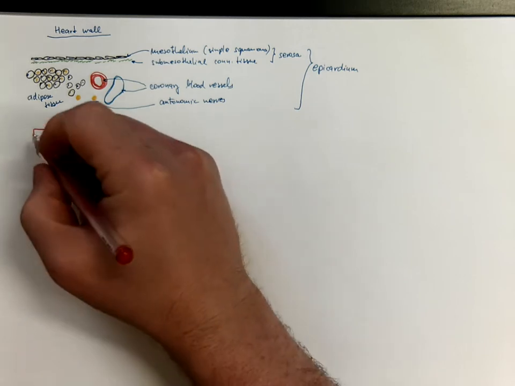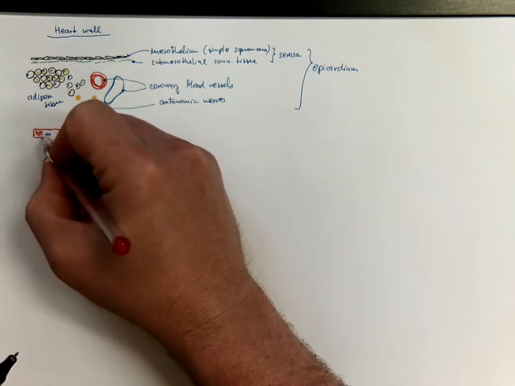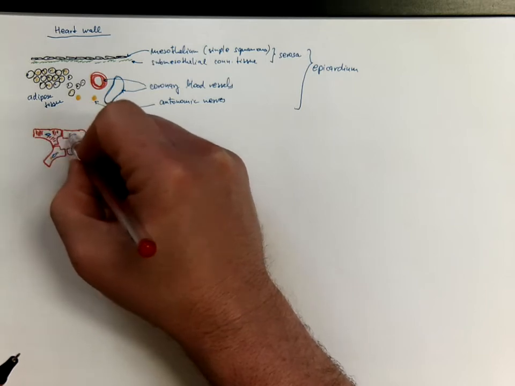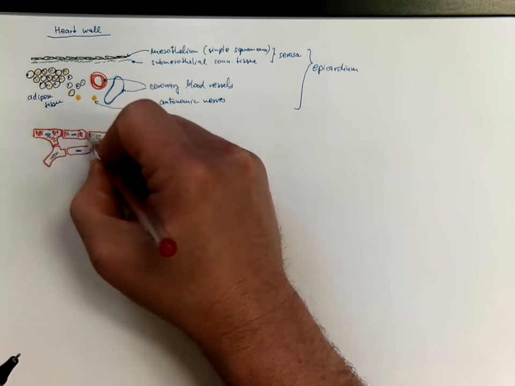There is the cross striation pattern, because it's sarcomeric muscle.